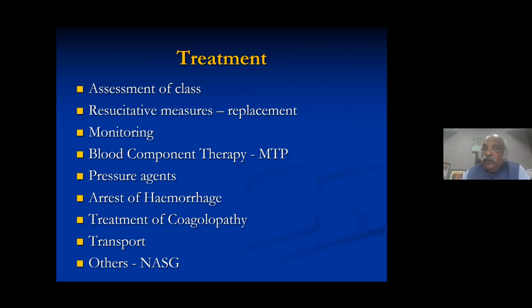You may ask for requisition of multiple units of blood, but at the same time you start therapy. You find out the cause of hemorrhage and arrest the hemorrhage. This is a very, very important part which should be understood. Therefore, don't wait for blood to start therapy. So arrest of hemorrhage is a simultaneous thing along with the resuscitation.